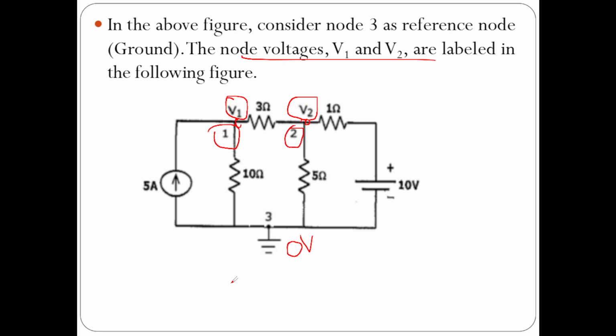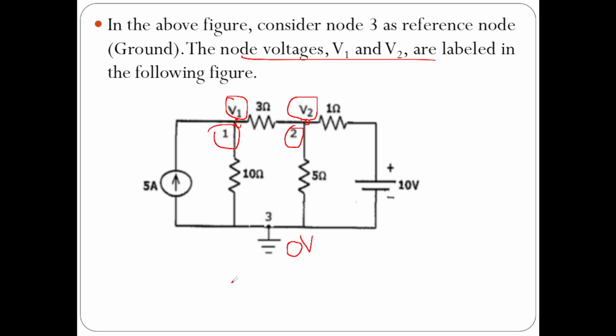Now let us assume the current directions at node 1 and node 2. As per our wish, we can assume any direction: either all currents leaving the node, all currents entering the node, or some entering and some leaving. Here, this is node 1 and this is node 2.